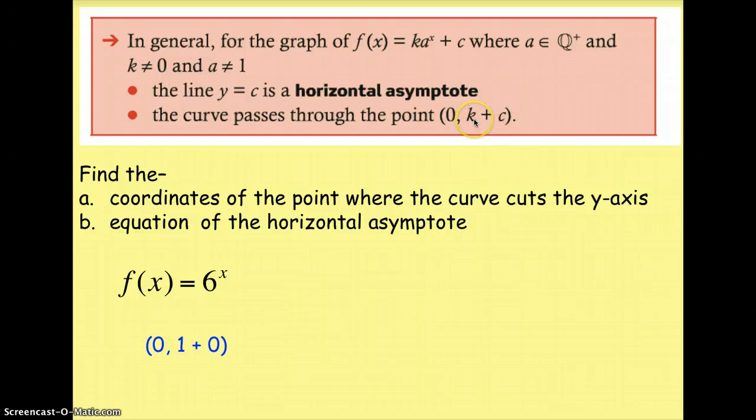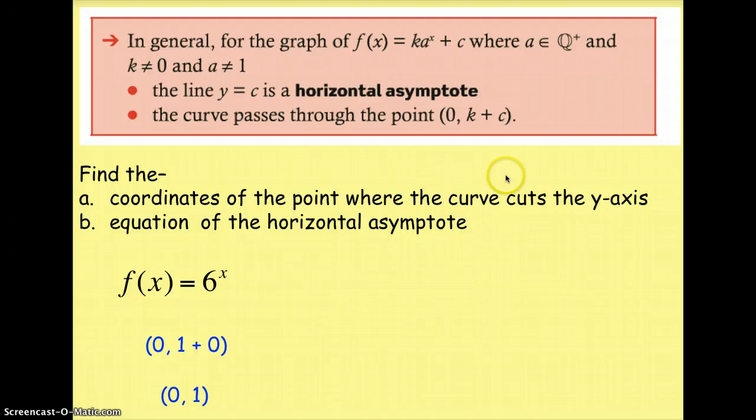And then k, what is your k? The k is the number beside the 6, but you don't see a number there, which means it's 1. And in this equation we also don't see the c, which means it's plus 0. So to simplify, your y-intercept is 0, 1.